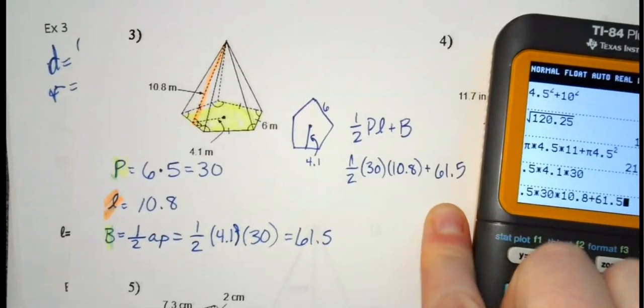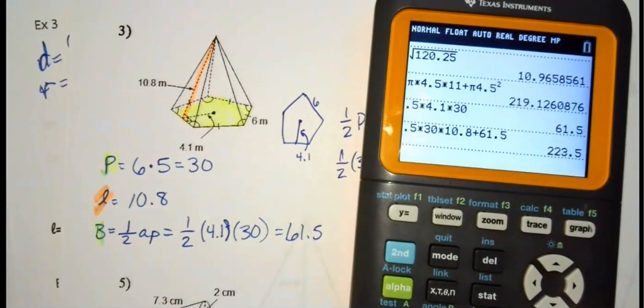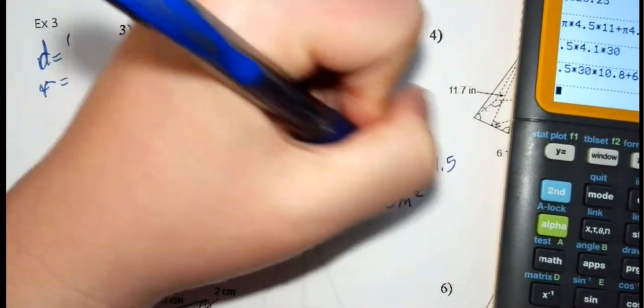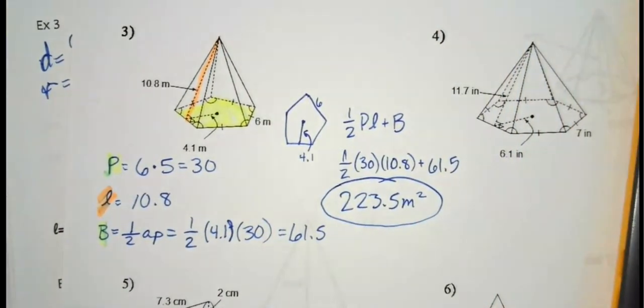So you can just type this thing in, except remember our 1/2 needs to be 0.5. Well, it doesn't have to be, but I think it's easier to type that in. And then you're going to get that answer, 223.5, and it's meters squared is your answer. All right, and that's how you solve this problem.